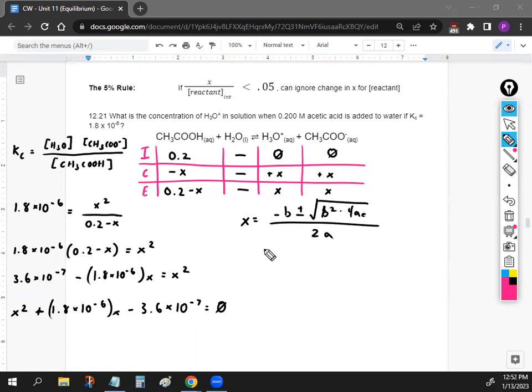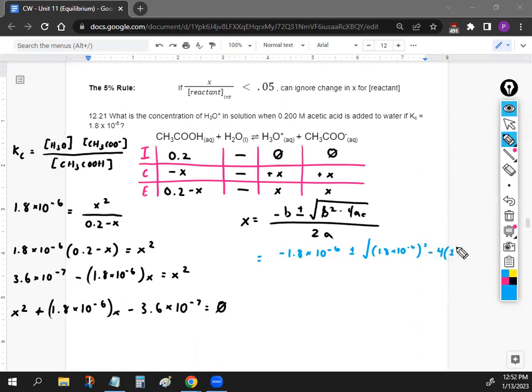Okay, so let's plug in our values now. We're going to plug in negative b, which is negative 1.8 times 10 to the negative 6, plus or minus the square root of 1.8 times 10 to the negative 6 squared, minus 4.